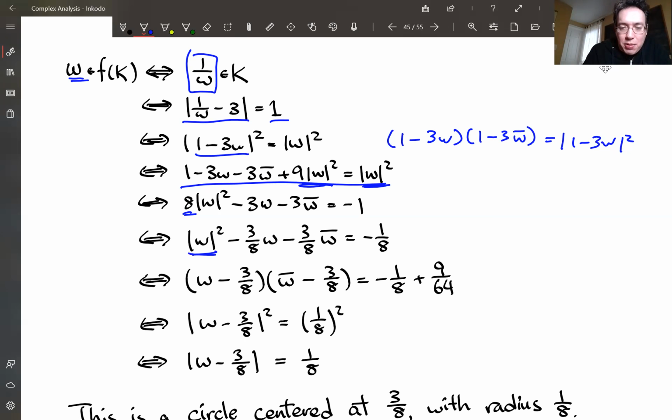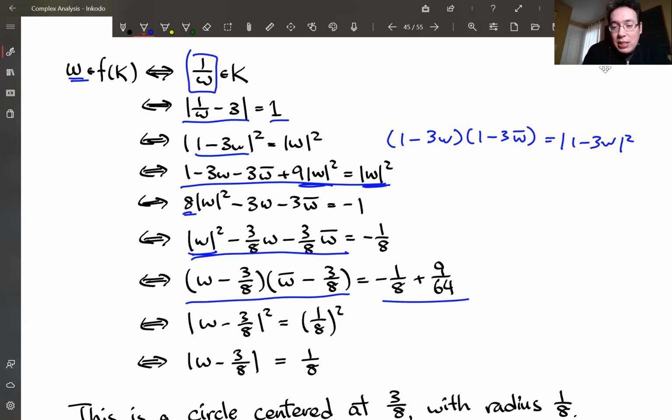And then I'm going to try to complete the square, right? So I have these two terms. If I add 9 over 64 on both sides, I chose 9 over 64 because that's 3 over 8 squared. Okay. On the left-hand side, this factors nicely.